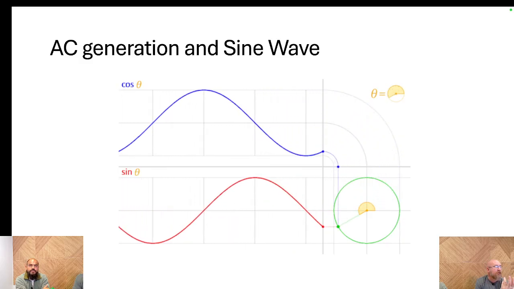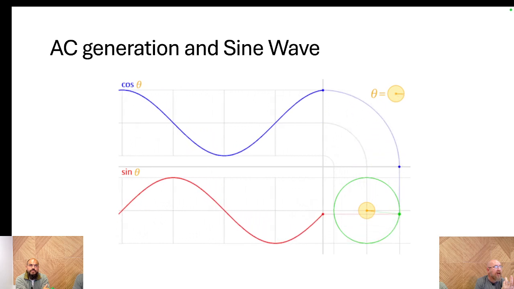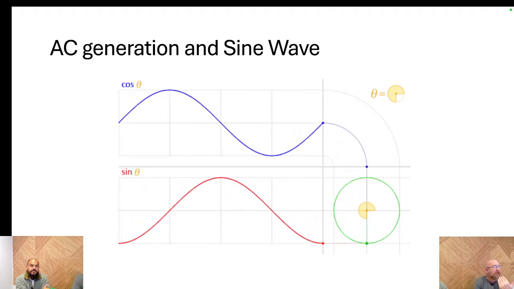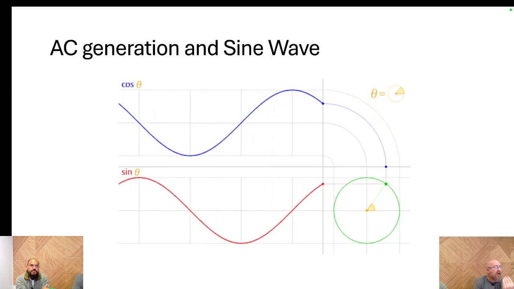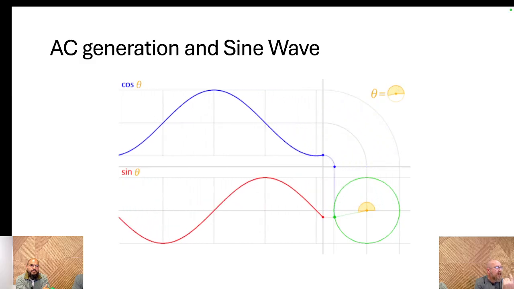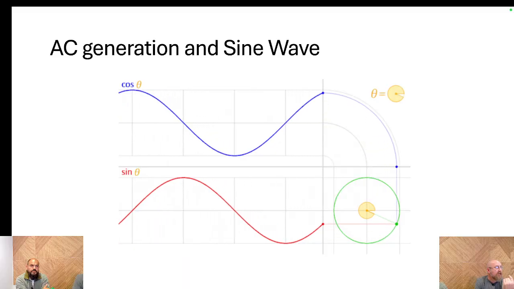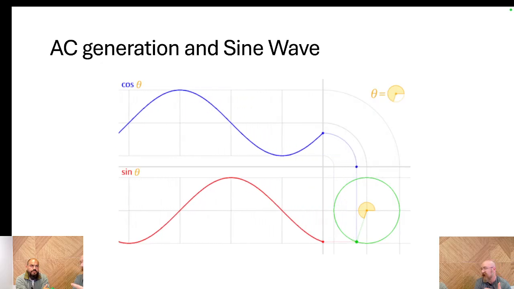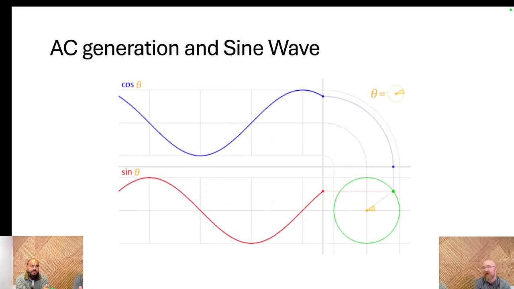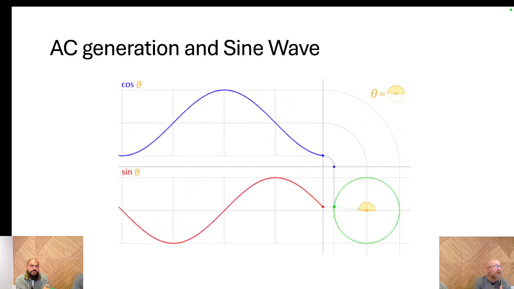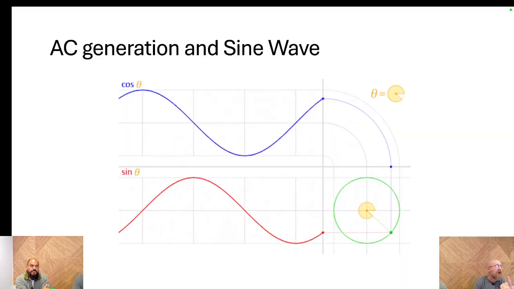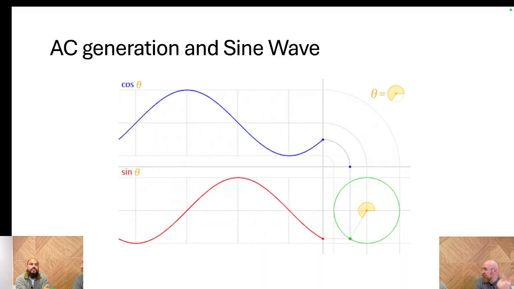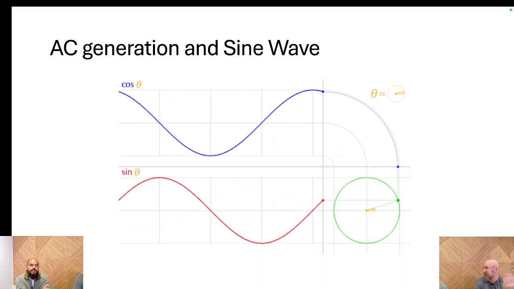So this is the relationship between that and what we're talking about when we're talking about sine. We talk about trigonometry. So if we look at this sine, and if we look at the angle there, this represents essentially what's happening inside that generator. You've got a rotating member, and how far away it is from that magnet is determined by this rotary motion, and that is a function of sine.